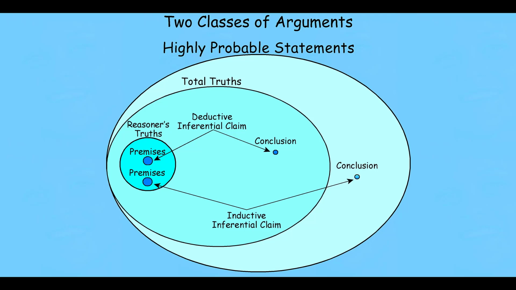So again, it takes a set of statements that the reasoner is accepting as true, the premises, and it's relating them to another statement, the conclusion, by making this claim about their relationship. Namely, if those premises are true, then the conclusion is one of the statements in that class of highly probable statements, given what the reasoner has accepted as true.